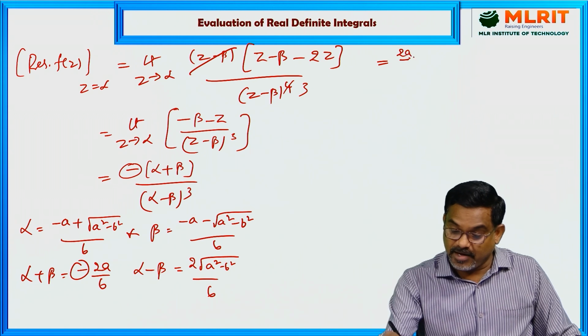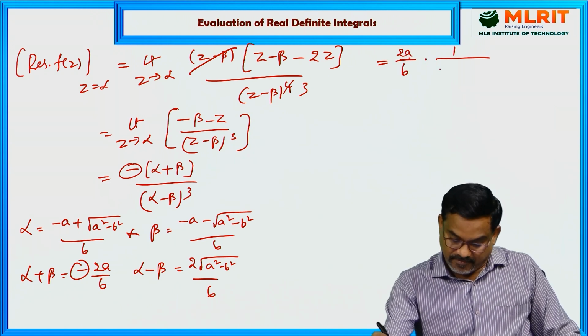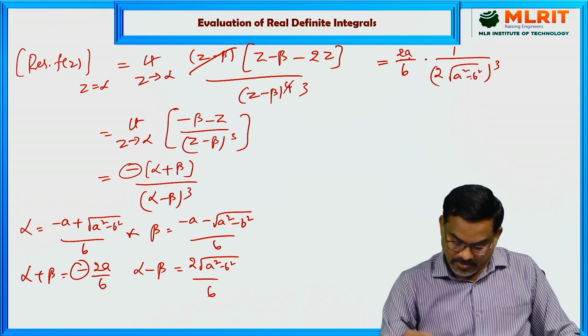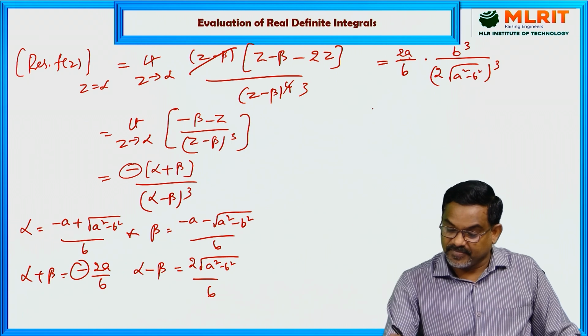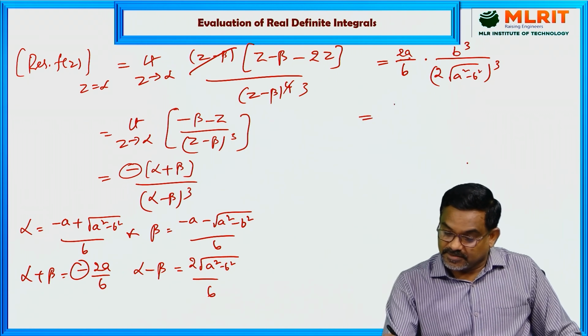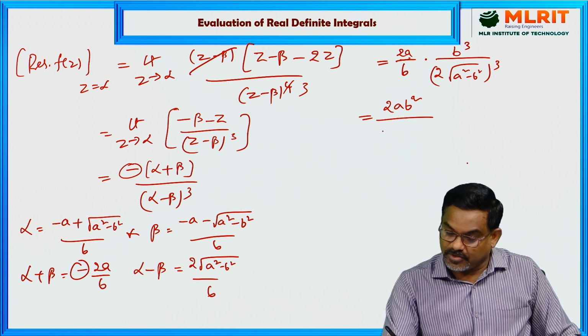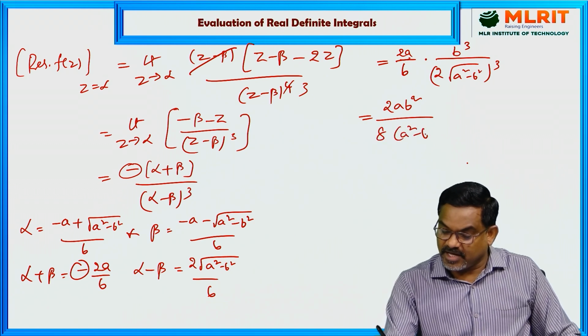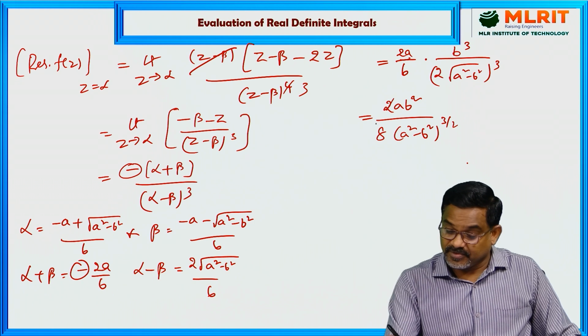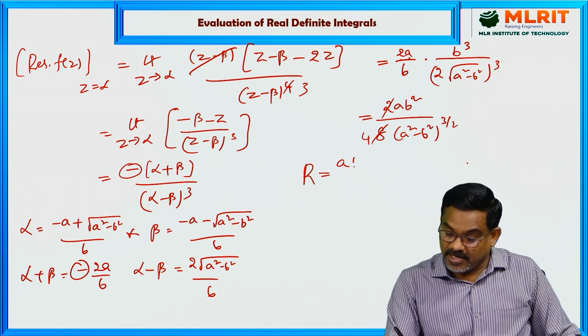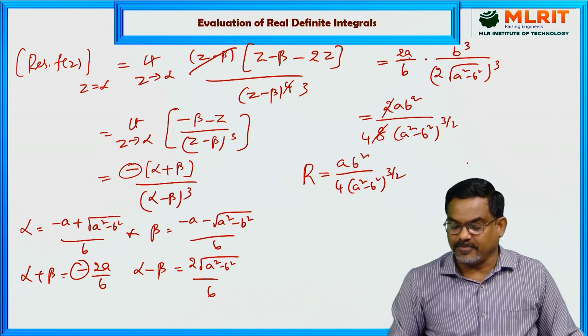So, 2a by b into 1 by (2 root a square minus b square) whole cube by b cube, that comes here. So, this is 2a b square by 8 (a square minus b square) power 3 by 2. So, 4 times. So, the residue is a b square by 4 into (a square minus b square) power 3 by 2.